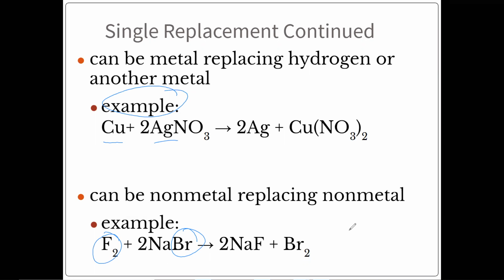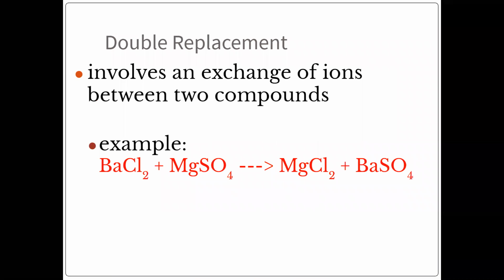So that reshuffling can happen either metals replacing other metals, or it could have non-metals replacing other non-metals. Okay? So either way, when you have that element plus compound in reactants and you have compound plus element in the products, you're probably looking at a single replacement.